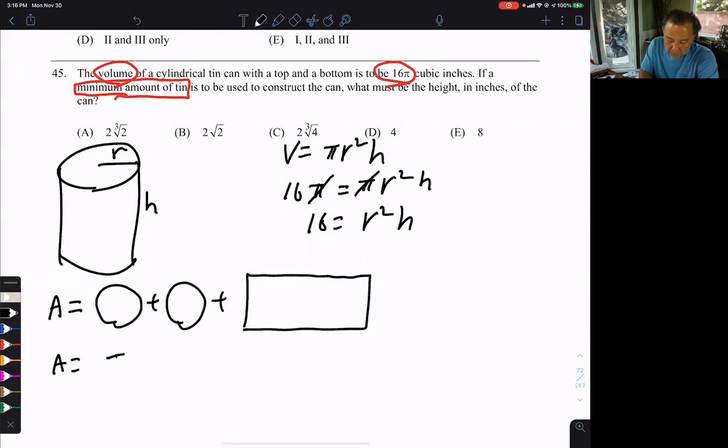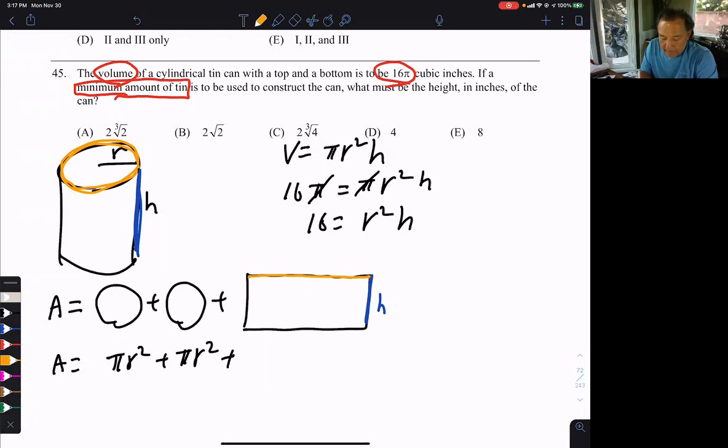Well, the area of a circle is pi r squared, and you have one on the bottom also. And this distance here is the height of the can. And then the distance around this, if you unroll that, that's the top of the can. The circumference of a circle is 2 pi r.